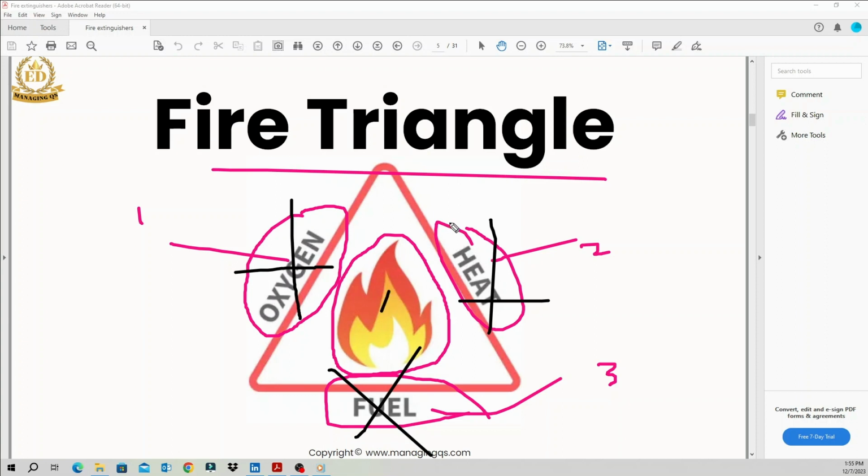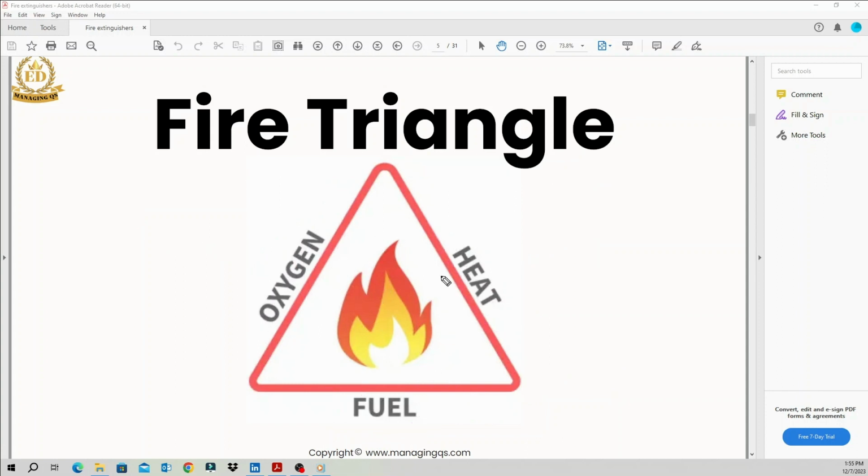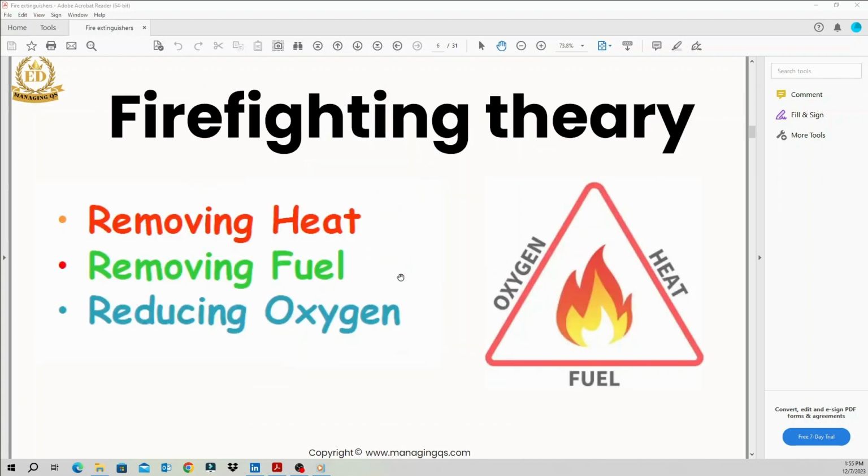So the concept of the fire triangle, the three elements, is that you should remove one or more elements from the fire. Once you remove these elements, one, two or three, whatever, the fire will automatically close. So this is the fire triangle idea and strategy. Okay, just we discussed the firefighting theory.